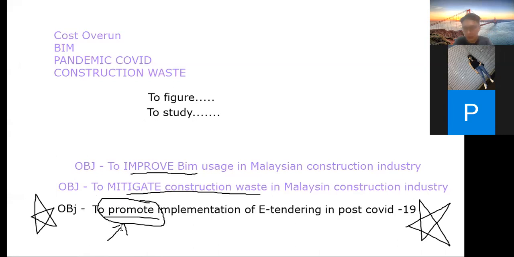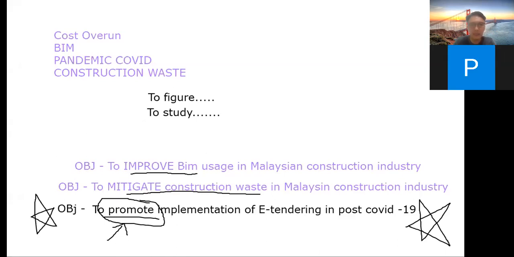What is SP? I will emphasize on software. Okay, you still don't get me. How can I promote an e-tendering system if my objective, your boss tells you, is to promote our software?